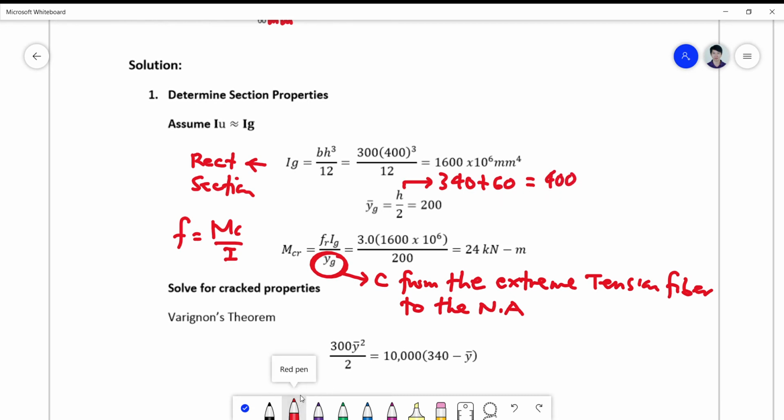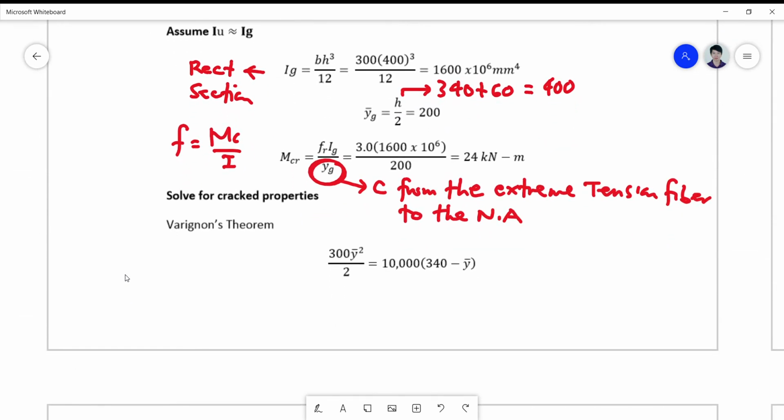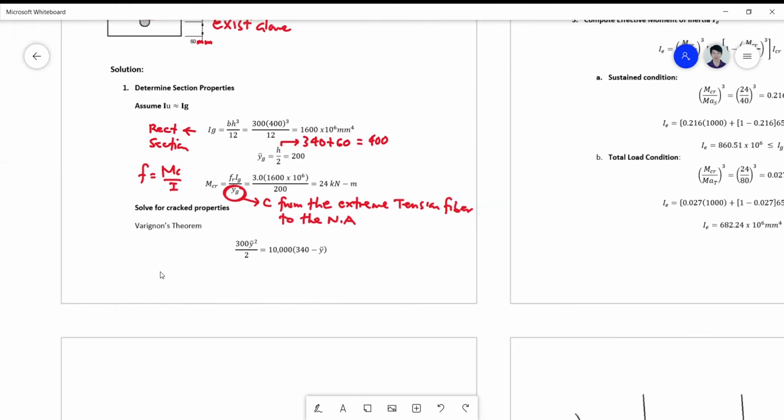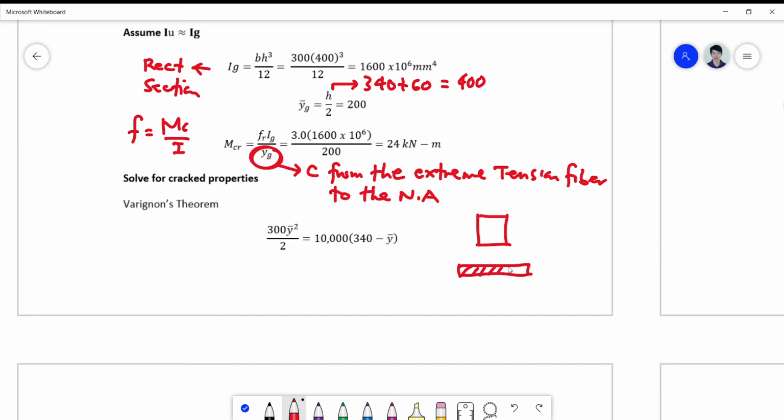Okay, for the location of the neutral axis, in case of cracked properties, we need to solve for the transformed area of the beam. So the transformed area of a rectangular section with positive bending is simply like this, where this is nAs and this is b times kd.